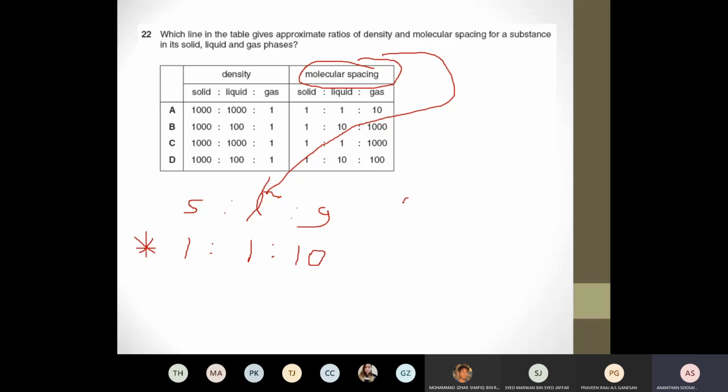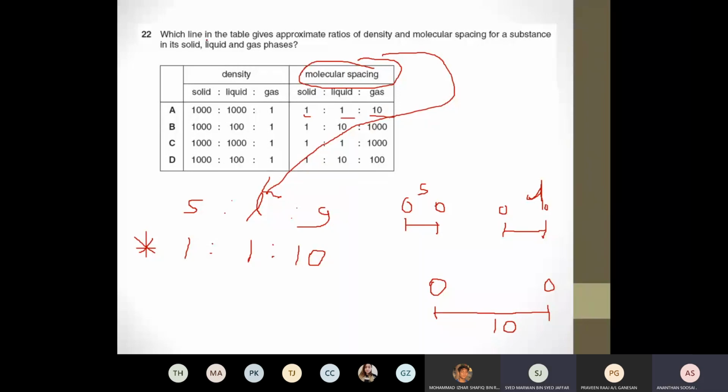Solid to liquid, the atom spacing they say unchanged. It's still the same. But when it comes to gas, they say the spacing between the atom increases by 10 times. Okay, in average. So molecular spacing for solid, liquid, gas should be 1, 1, 10. It's a fact to remember.